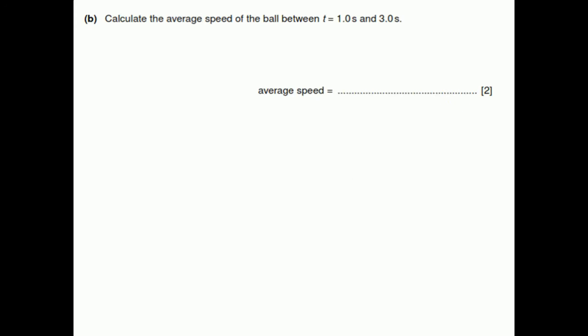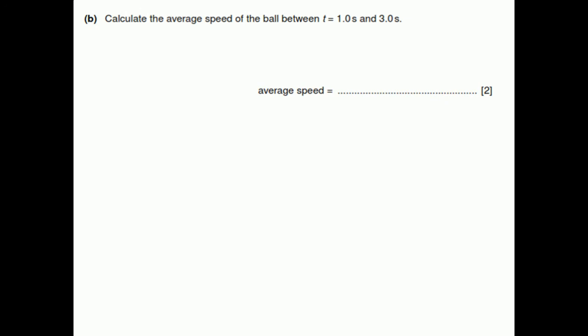Part B of question number 1 is: calculate the average speed of the ball between t equal to 1.0 second and 3.0 seconds. To answer that question, we must remember that speed is change in distance with respect to time.